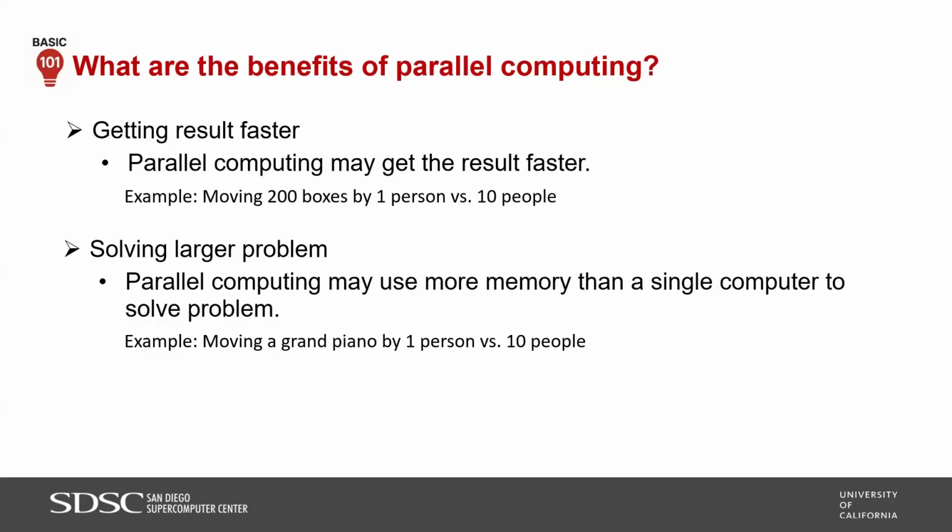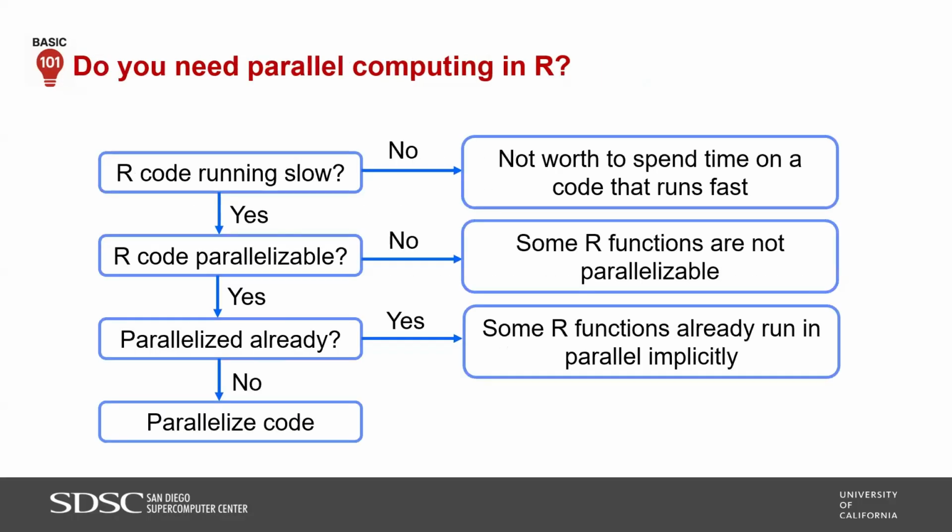If not, then in the second part, I will introduce parallel computing in R. So what are the benefits of parallel computing? You can get your result faster with parallel computing, and you can solve a larger problem with parallel computing. And here is how to judge whether you need to parallelize your code in R when running on HPC.